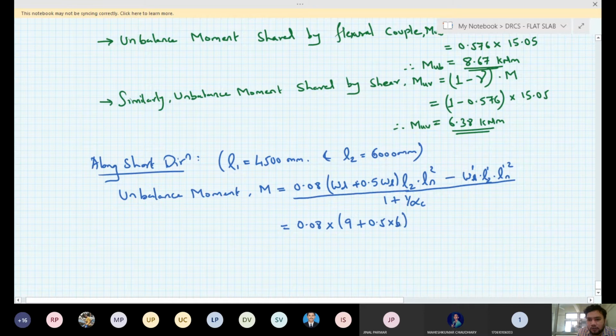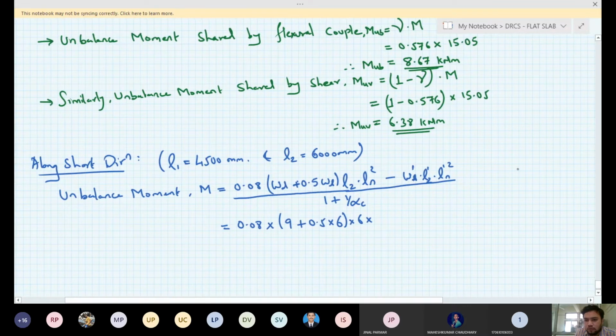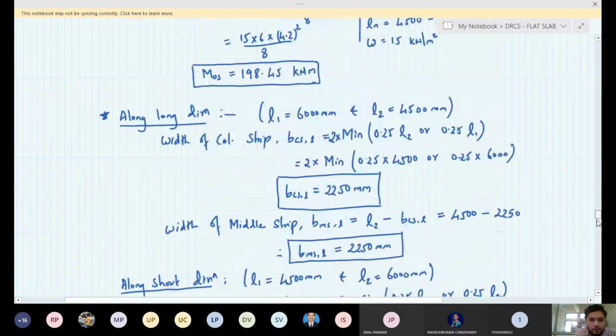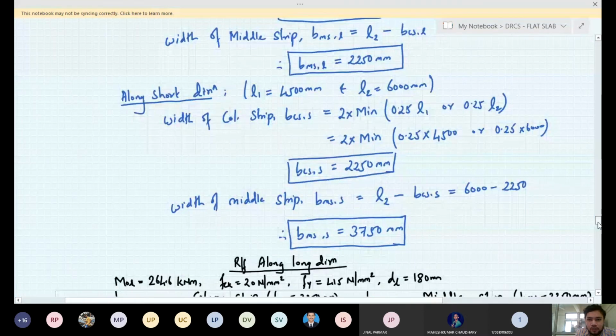Now here your L2 will be 6 meter times this ln. If you remember, we have already calculated this ln value along the short direction.